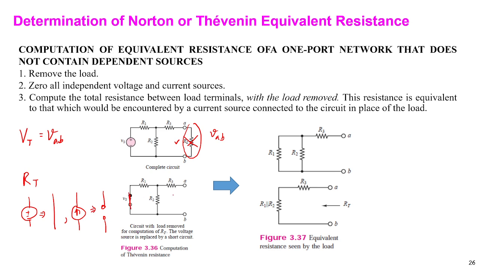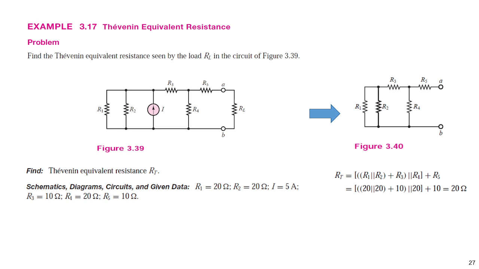So in this case, we solve for the resistance of this circuit. Here the resistance is R1 and R2 in parallel plus R3. So RT will be R3 plus R1 in parallel with R2.